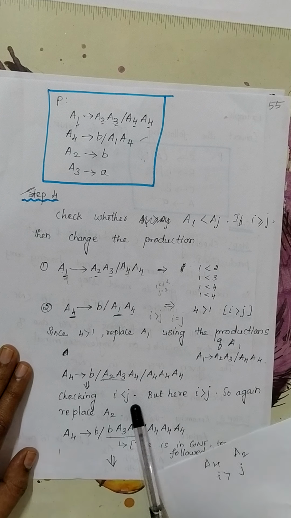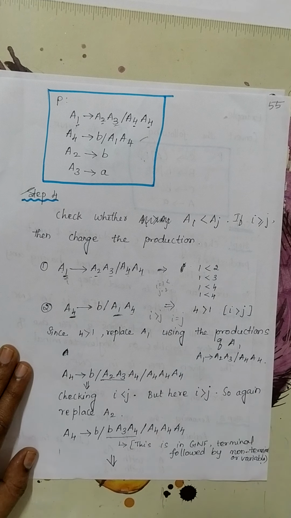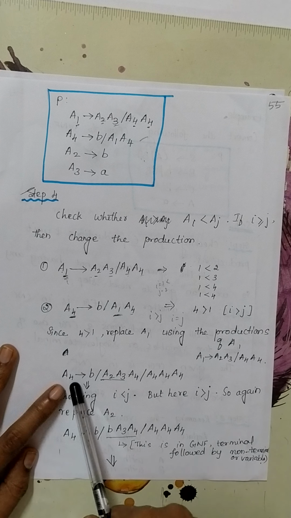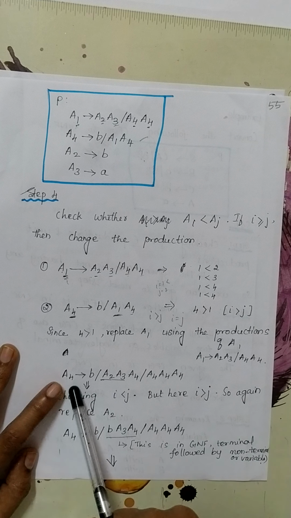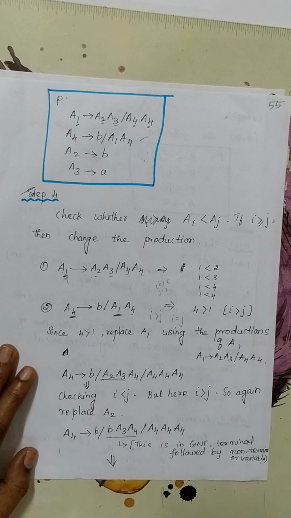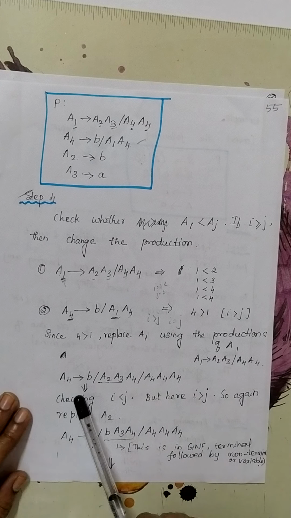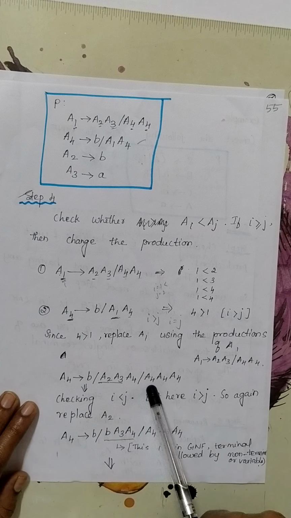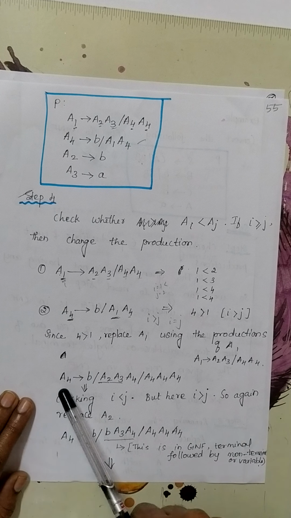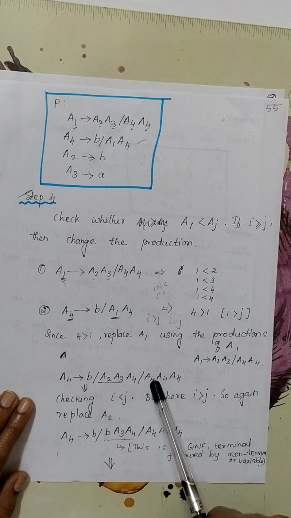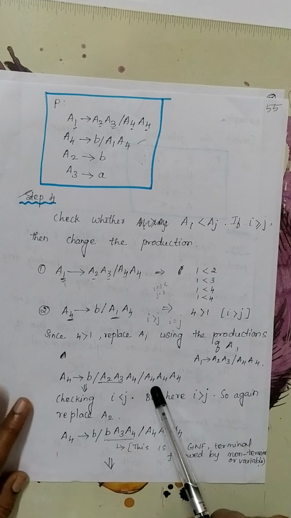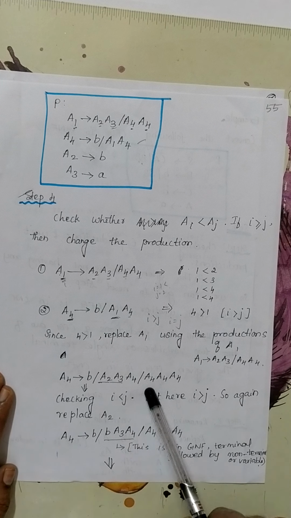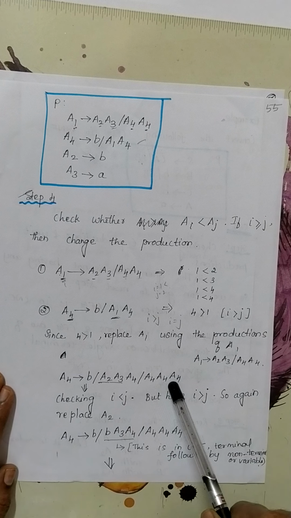So again left recursion comes. Here both sides start with A4, so I equals j, so definitely we have left recursion, and we have to eliminate this left recursion also.